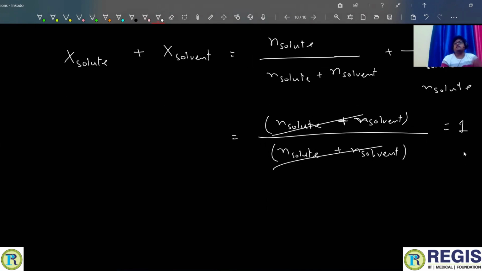So always remember, for two or more components present in a solution, the sum of mole fractions of all the components in a solution becomes 1.